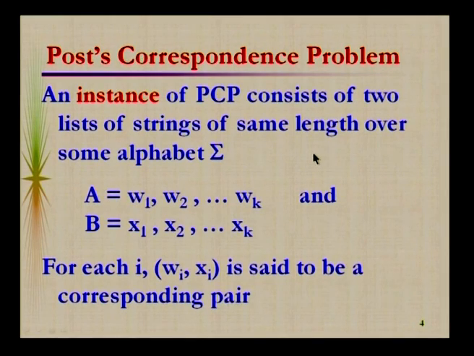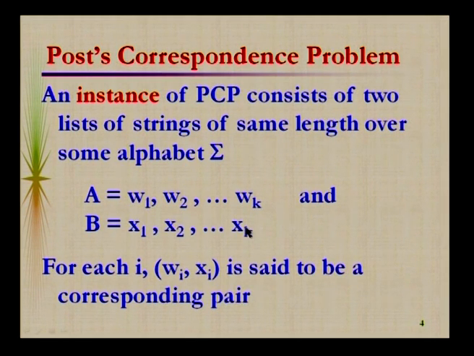Let me start with the definition of what PCP is. Here is the definition. We have an instance of PCP, which means we will be given two lists of strings. There are two lists, A and B, with W1, W2 up to Wk, and X1, X2 up to Xk.